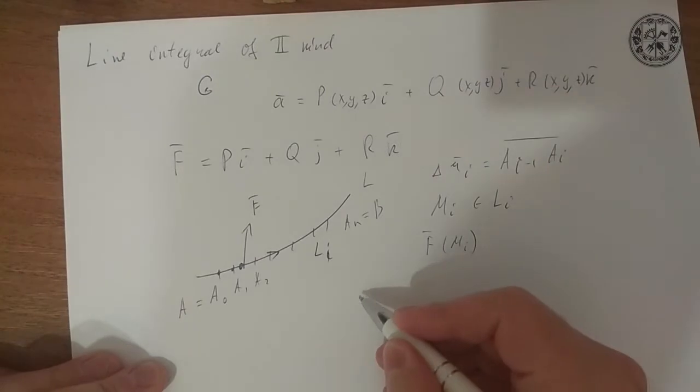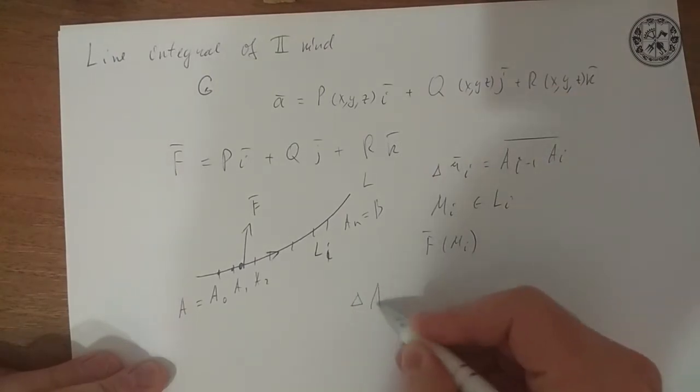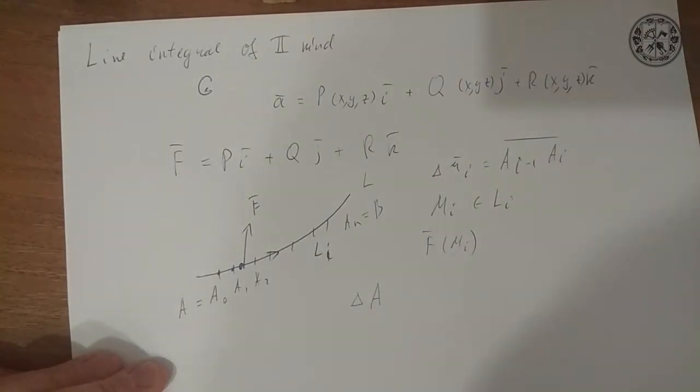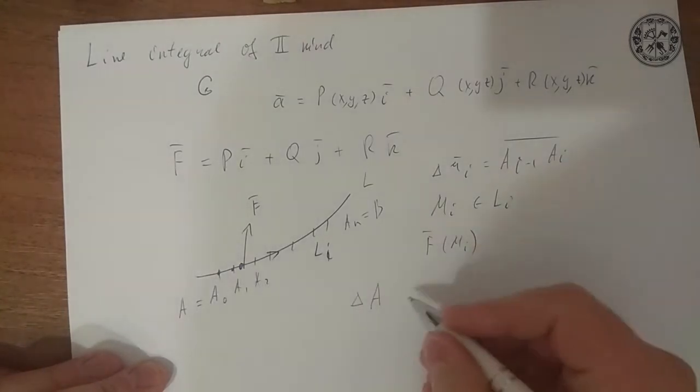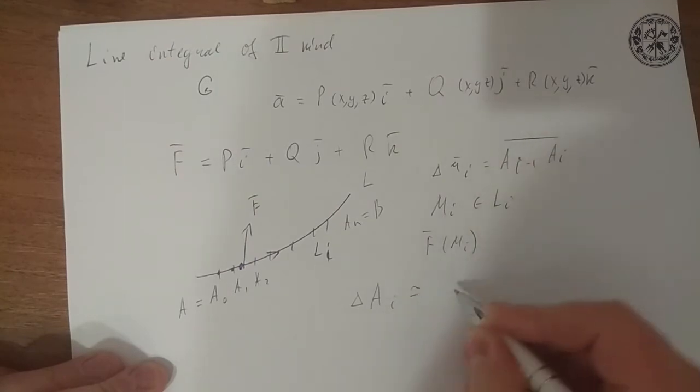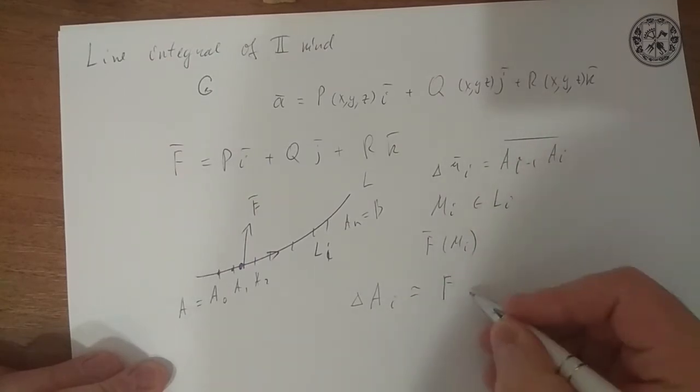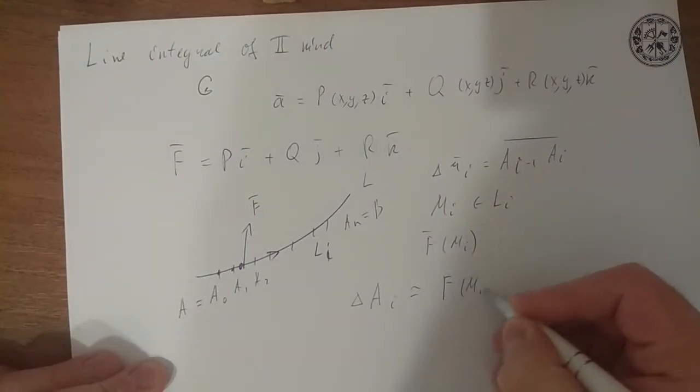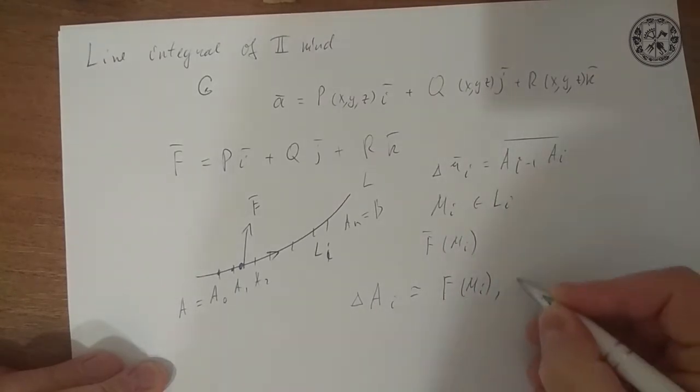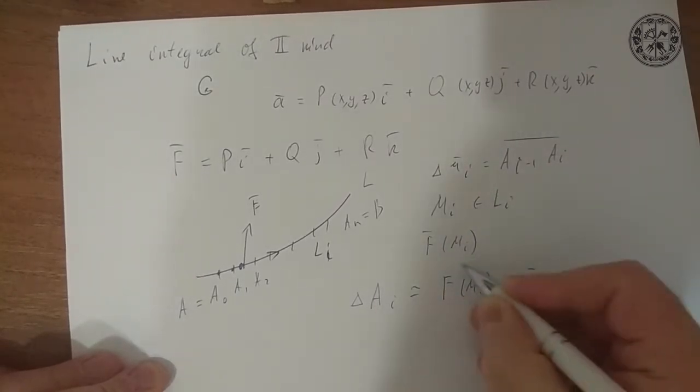Then the work of force F to move the point from A(i-1) to Ai will be approximately delta Ai equals vector F of Mi multiplied by delta Ri.